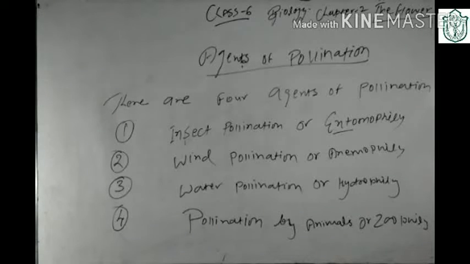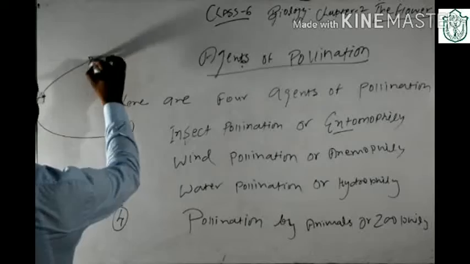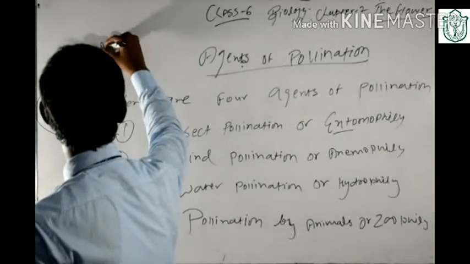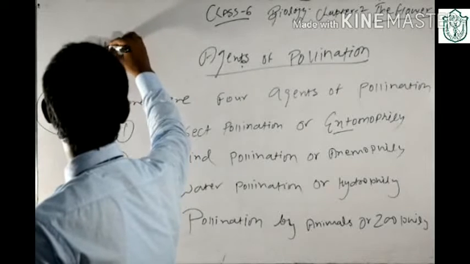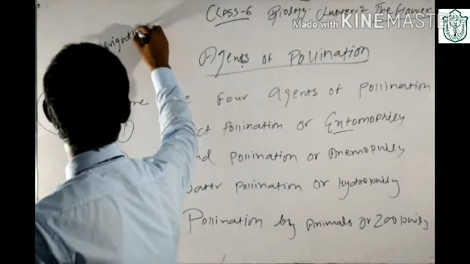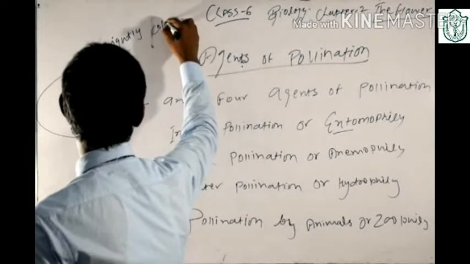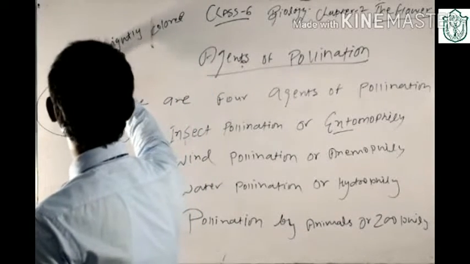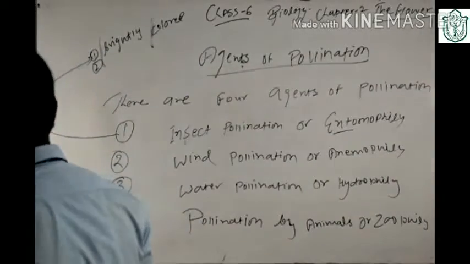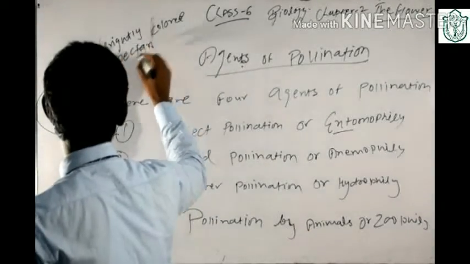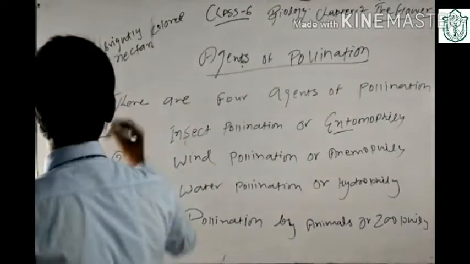To get pollinated by insects, a flower has, number one, bright color. Number two, the flower has nectar. Number three, it has fragrance.